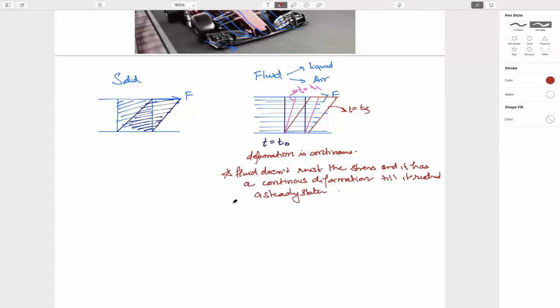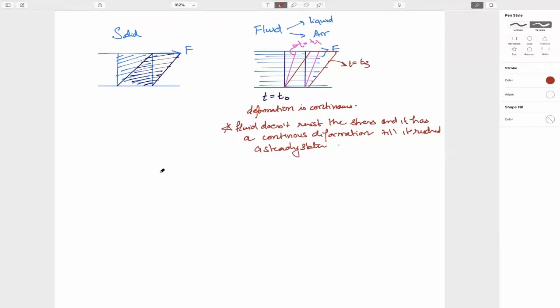So that is the difference between a solid and a fluid. Why do we need to study the properties of fluid? Because we need to study fluid mechanics. Properties of fluids are important to learn fluid mechanics.